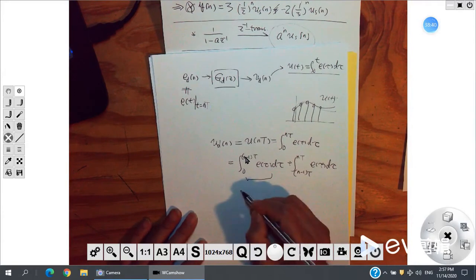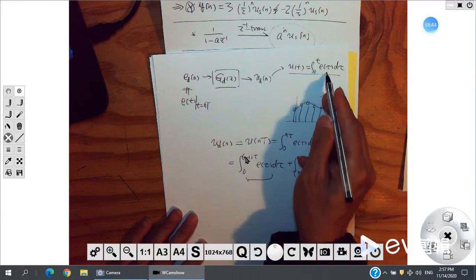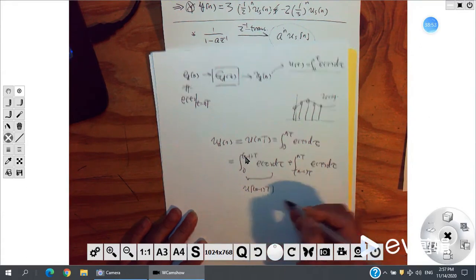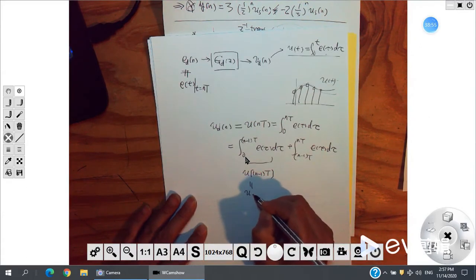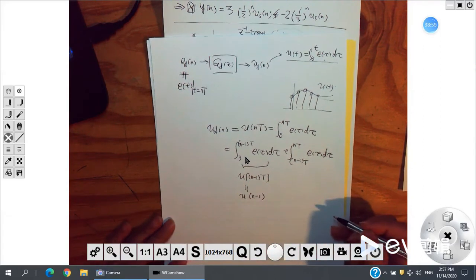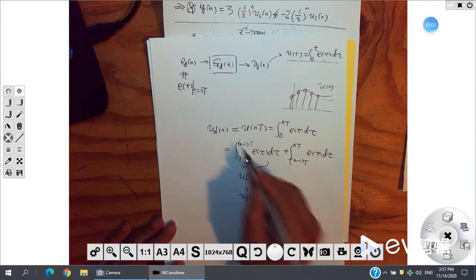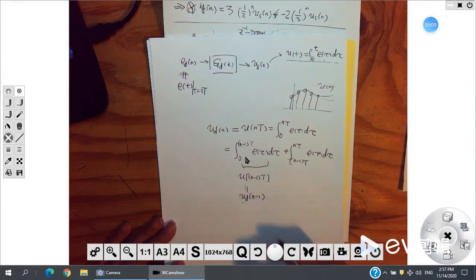This is just the integral of E. You get integral of E, you get U, right? So this is U of t. So n minus 1 T, it is just U of n minus 1. Yeah, it's UD, sorry. UD of n minus 1, right? This part is UD of n minus 1.